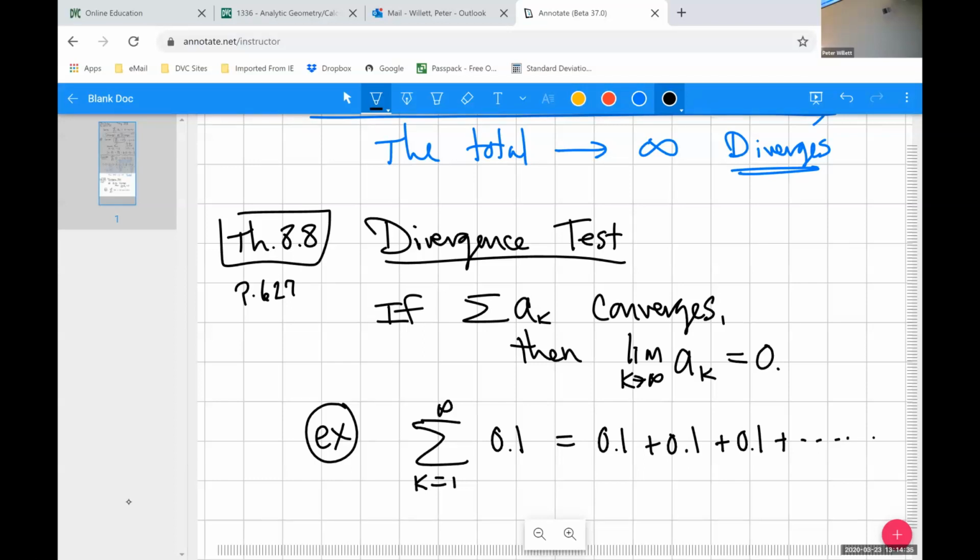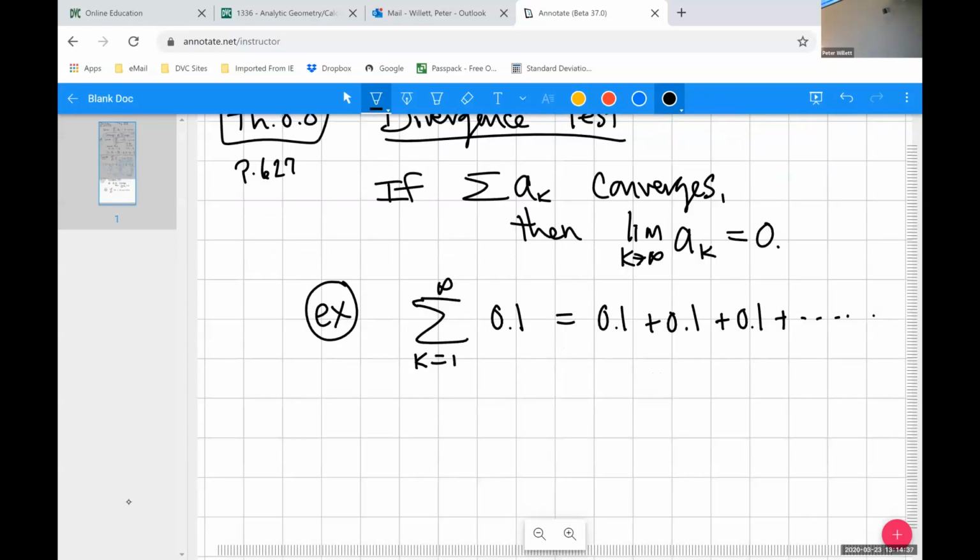So in this case, you could sort of imagine perhaps that if I just keep adding a 10th, eventually I'll get bigger than any number imaginable. If I add 10 of them, I get 1. If I add 100 of them, I get 10, etc. If I add 10 million of them, I get a million. So we could see that this diverges because of that argument, but notice that I can take the limit as k goes to infinity of the constant 0.1, and I get 0.1.